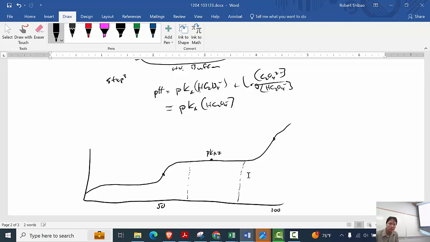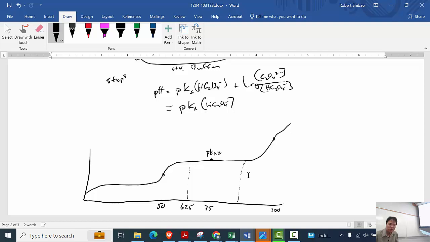How many milliliters? Well, to get to half equivalence point, that required 75. That would be halfway between 50 and 100. So what would be 1/4 of the way between 50 and 100? 62.5.